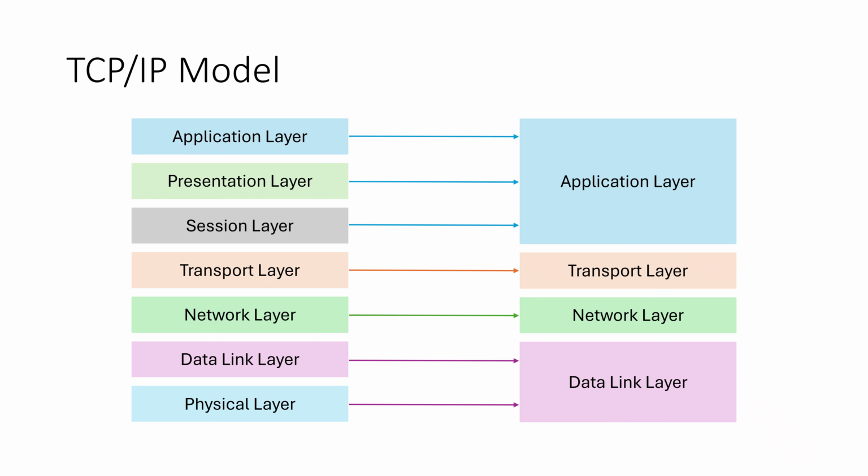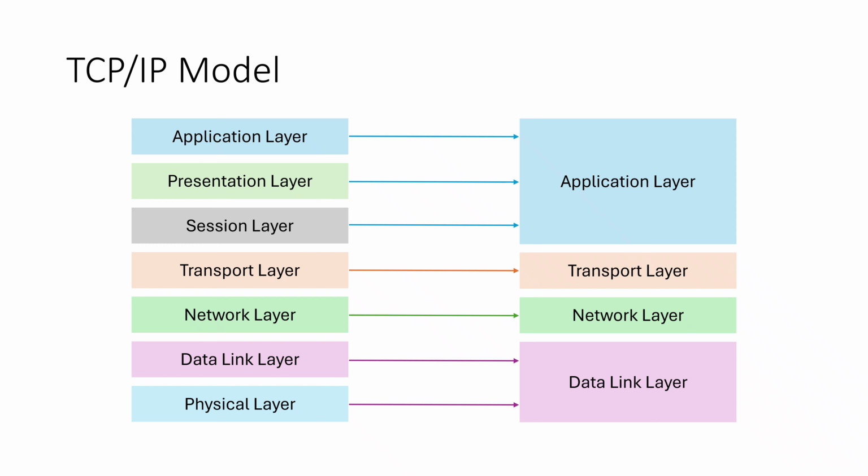Next, let's see how the TCP/IP model maps to the more widely taught OSI model. The OSI model has 7 layers, from the physical at the bottom to the application layer at the top. It's a theoretical model developed for standardizing network functions, but the TCP/IP model, however, is implementation driven and it only has 4 layers.